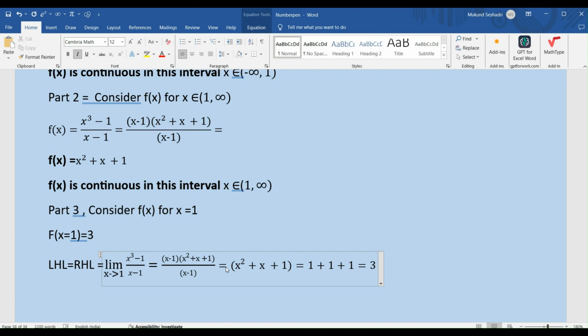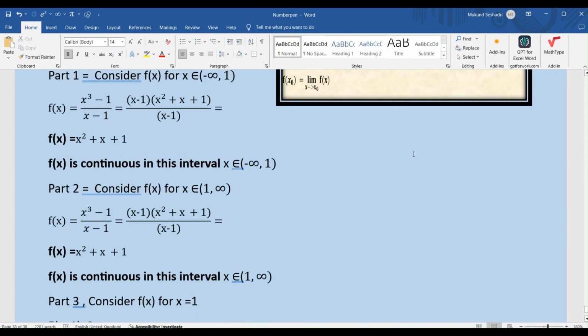So at x tending to 1, my left hand limit and my right hand limit both are equal, which means that this particular function has a finite limit as x tends to 1, and that is also equal to f of 1, also equal to my limit as x tends to 1 of f of x, right?